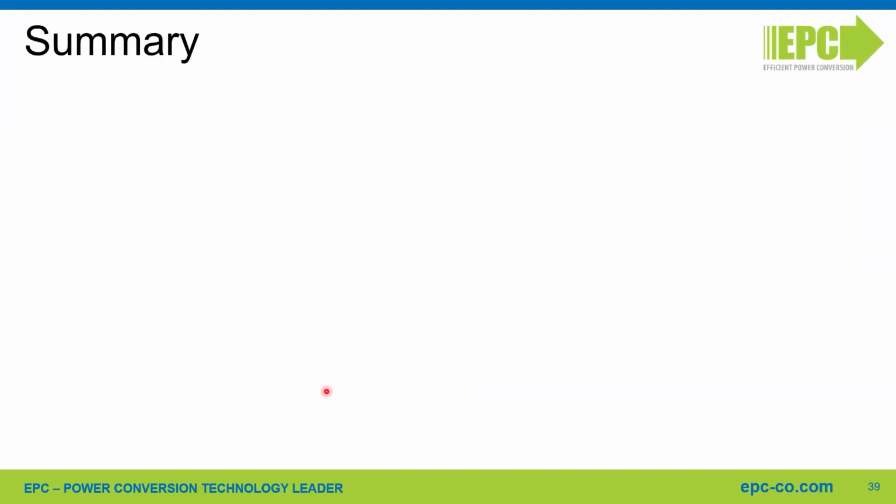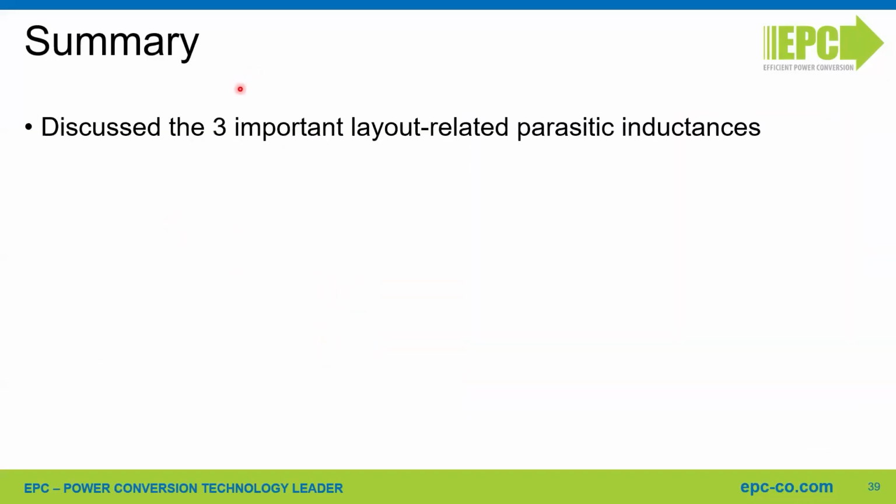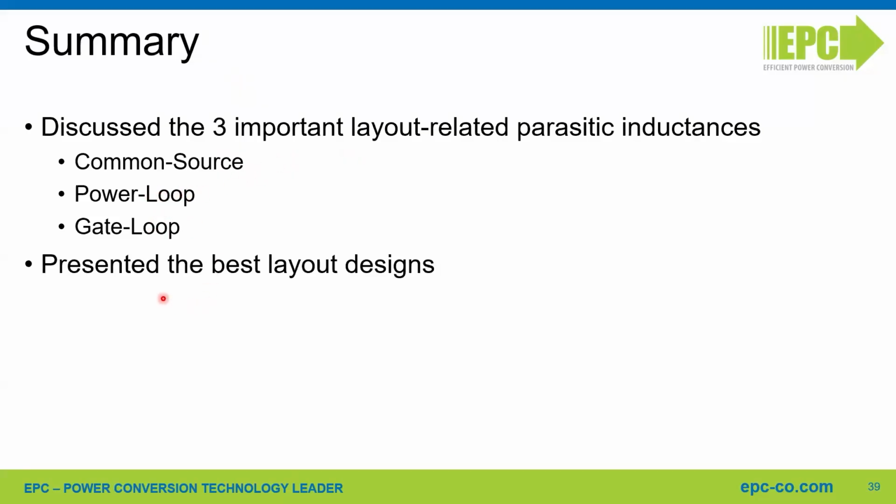Okay, we are almost over. So as a summary, we discussed the three layout parasitic inductances: common source, which is the most critical, power loop inductance, and gate loop inductance. We showed the best layout practices and designs. Internal vertical is recommended. For parallel FETs, for DC-DC converters, it is recommended to parallel the half bridges.